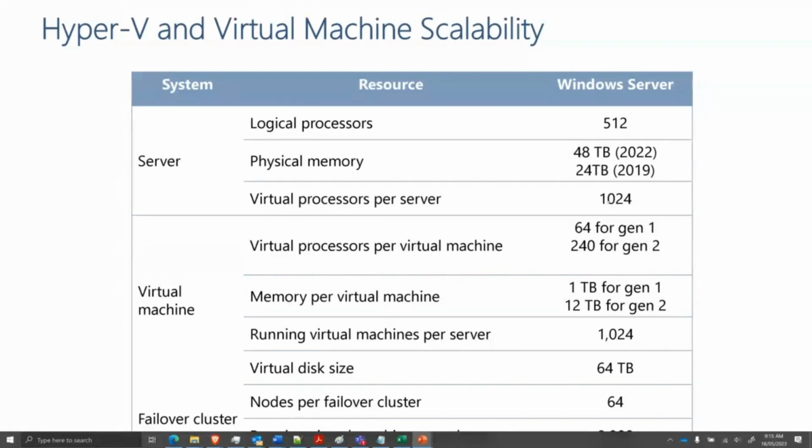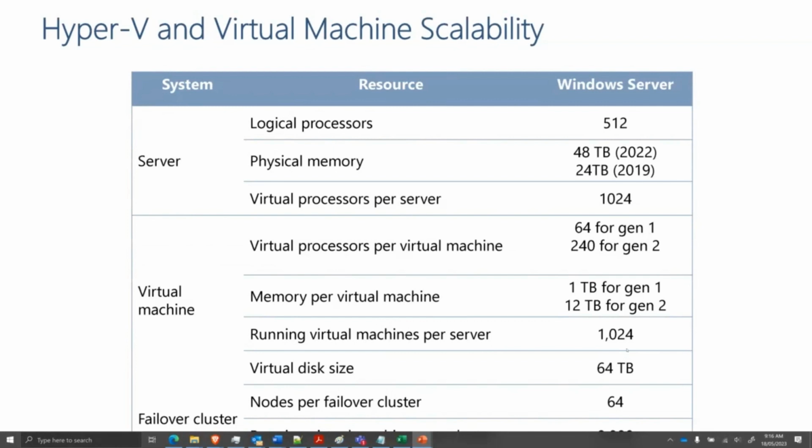So this is the processors inside the virtual machines. Virtual processors per virtual machine, you can have 64 for generation 1, 240 for generation 2, and we'll discuss what generation 1 and 2 means in a later slide or session. And the memory per virtual machine is 1 terabyte for generation 1 and 12 terabytes for generation 2. Again, these are upper limits.